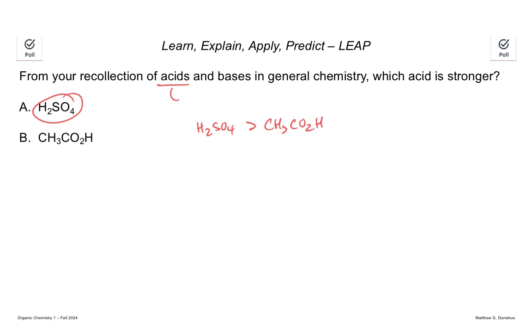And so the definition of an acid is it's a proton donor. And a base is a proton acceptor. So again, if they both have OH, that little part of the molecule that's donating the H, if the OH is common, why is one so much stronger than the other?